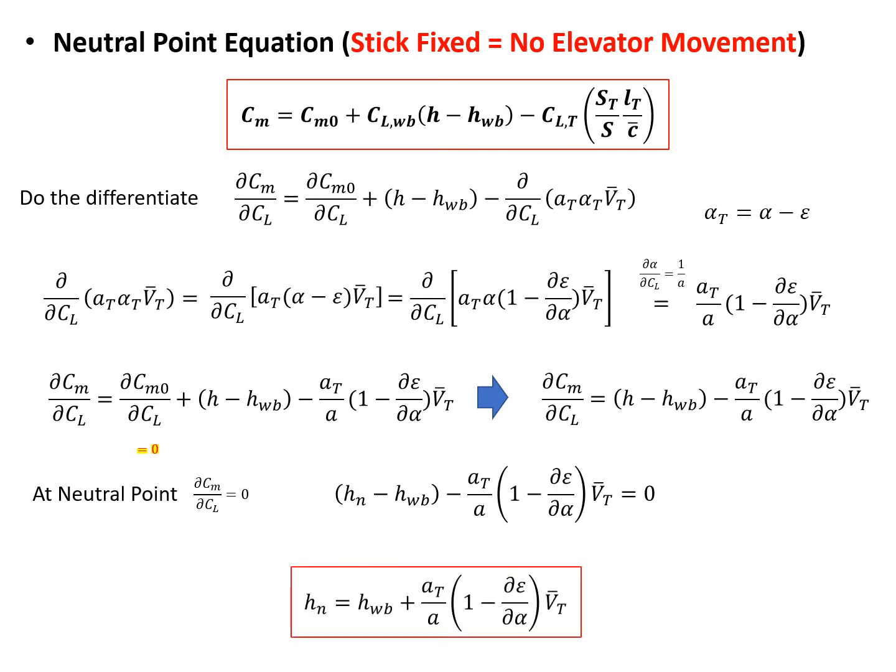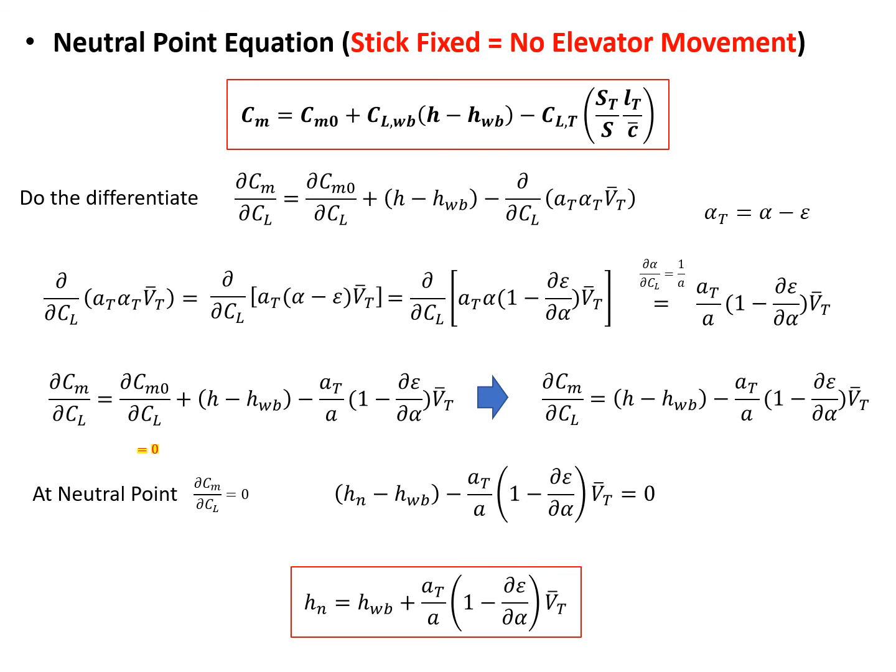And if we take the rest of the terms to the right hand side, then Hn, the neutral point location, equals HWB, the aerodynamic center of the wing body combination, plus that part.